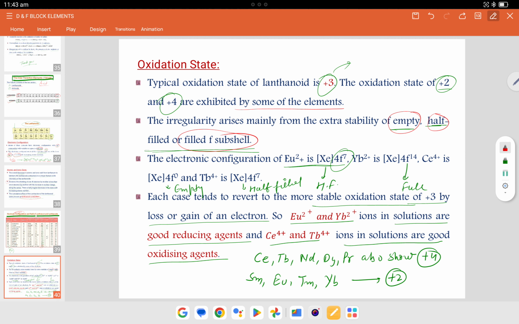In each case the ion tends to revert to the more stable +3 oxidation state by loss or gain of an electron. So Eu2+ and Yb2+ ions in solution are good reducing agents, and Ce4+, Tb4+ ions in solution are good oxidizing agents. Ce, Tb, Nd, Dy, Pr also show the +4 oxidation state. Sm, Eu, Tm and Yb also show the +2 oxidation state. So this is about the oxidation states.